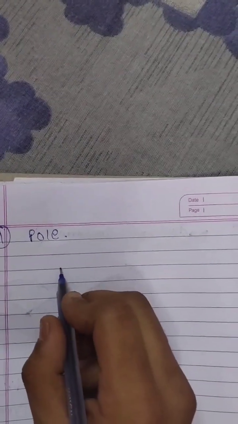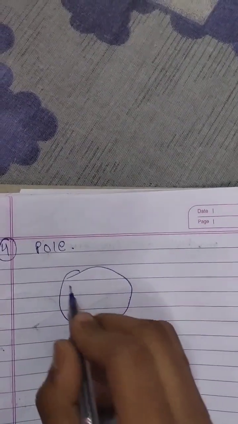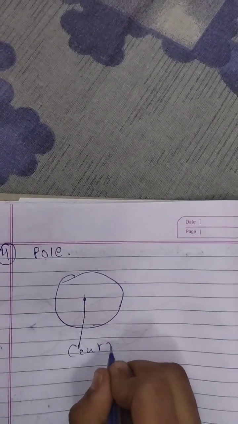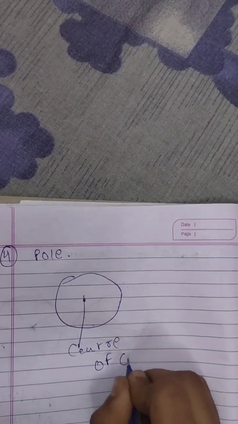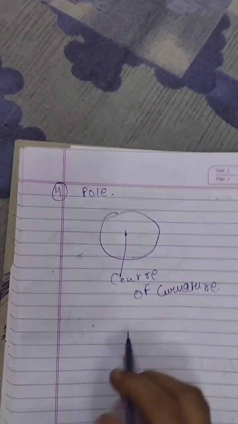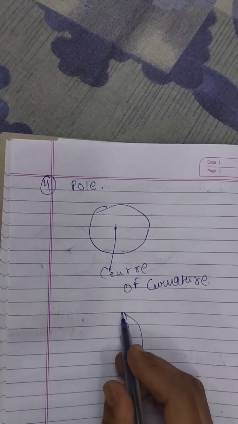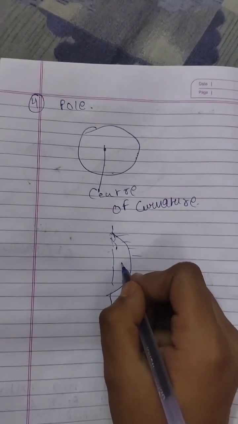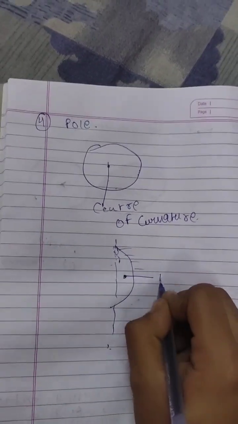Now, number 4 component is the pole. As the circle or the sphere has a center of curvature, a spherical mirror also has a center, known as the pole.